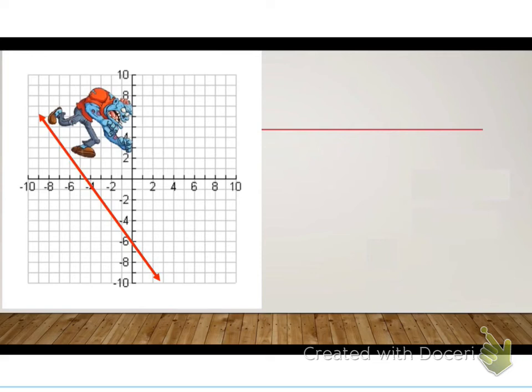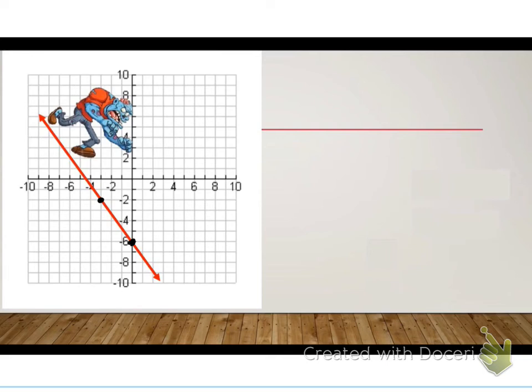So we'll find 2 points. It can be any 2 points. I like this point right here and this point right here. They're really nice. They're like at the perfect crossing. And let's go ahead and write them down.